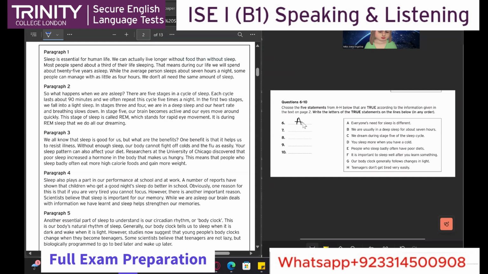Yeah, it talks about sleeping stages. In stages 3 and 4, we are in deep sleep, not 7 hours.